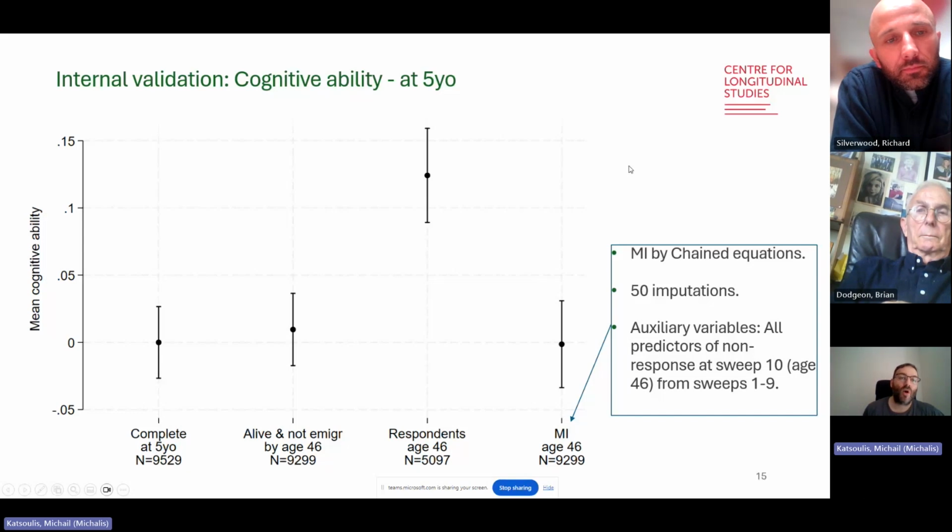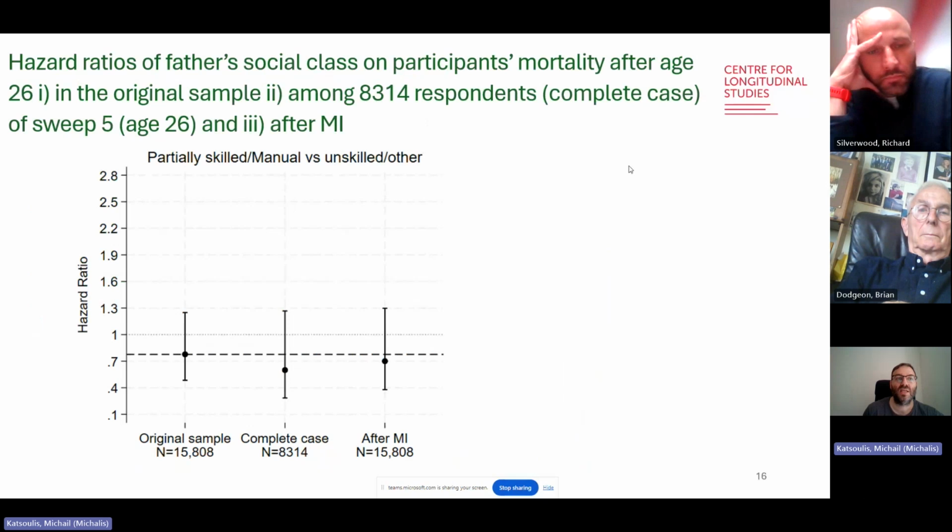So our method really works to recover representativeness for the distribution of variables both at the initial sweep and also at sweeps after baseline.